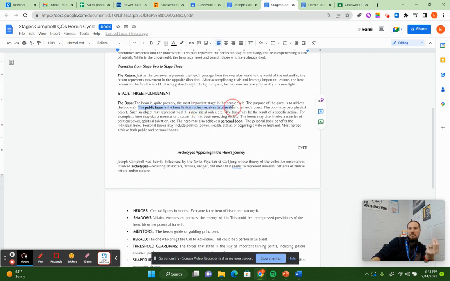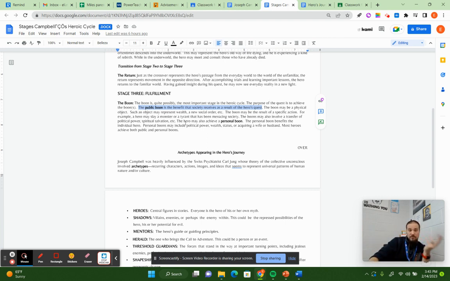You have the public boon, which is a benefit to society, maybe a physical object. It could be, here's an awesome new way of making bricks, right? That now we can build our walls even higher and even stronger so nobody can conquer us. So maybe it's a public gift that he bestows on everybody.